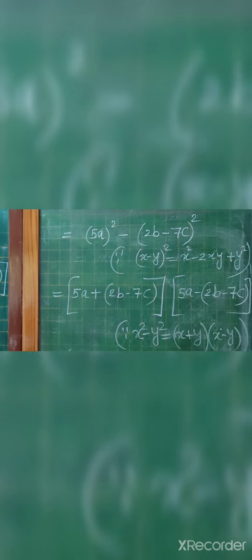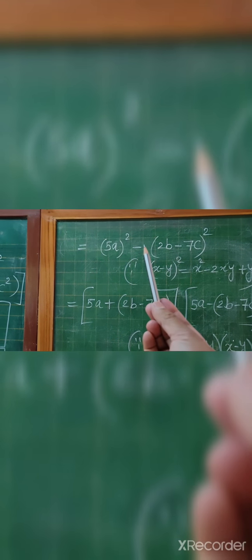So this is an identity: x square minus 2xy plus y square, x minus y whole square. So we can write 5a whole square minus 2b minus 7c whole square. Now the middle sign is negative, individual squares are there, so we can apply this formula. x square minus y square is equal to x plus y, x minus y. x is 5a and y is 2b minus 7c.